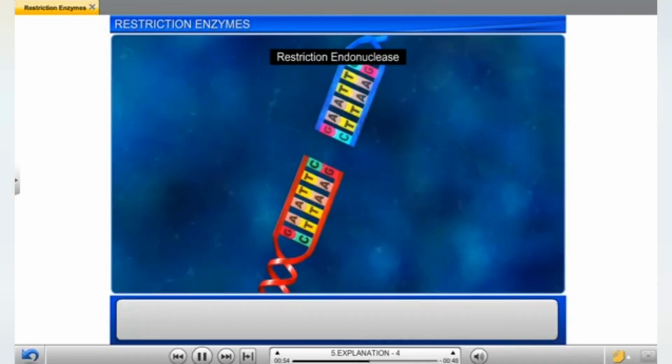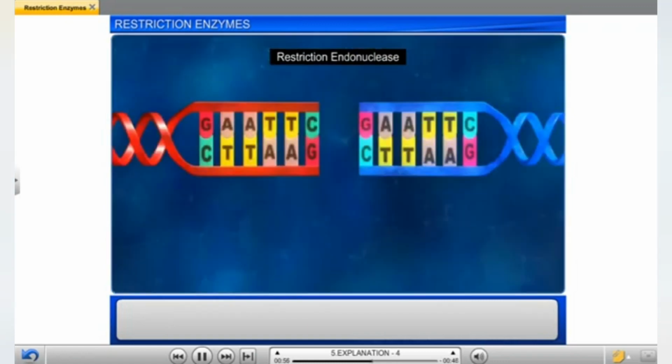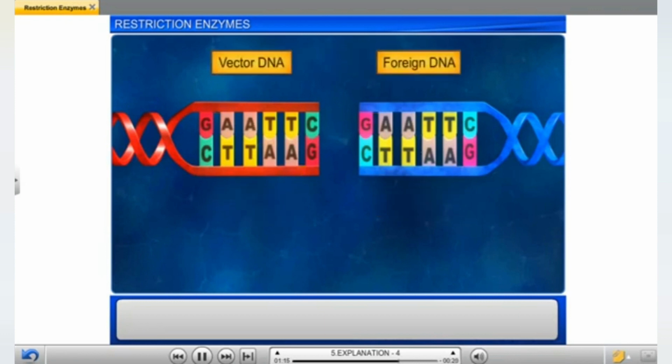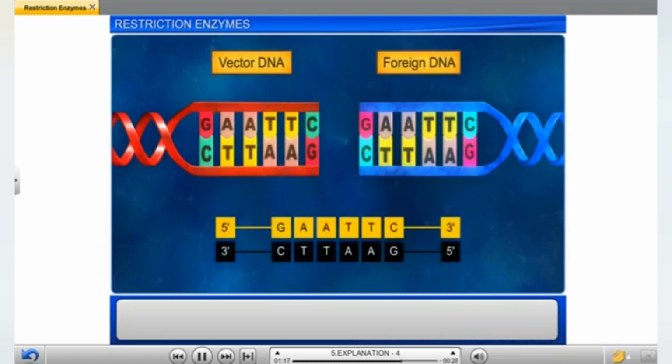Restriction endonuclease plays a crucial role in the construction of the recombinant DNA molecule. It recognizes a specific recognition sequence, so it binds to the DNA and cuts the double-stranded DNA helix at specific points on its sugar-phosphate backbones. The specific recognition sequence actually identifies a palindrome in the DNA.